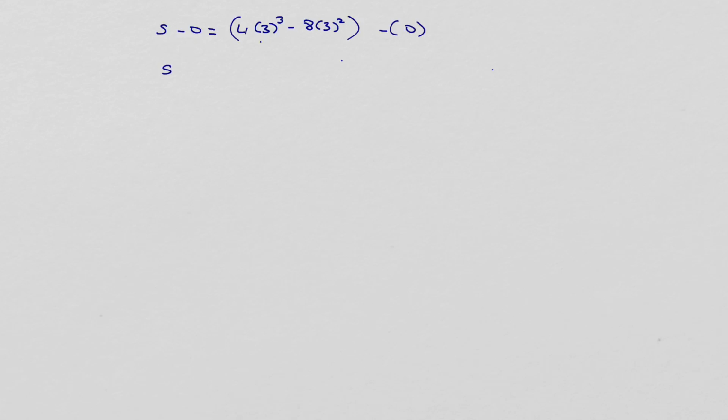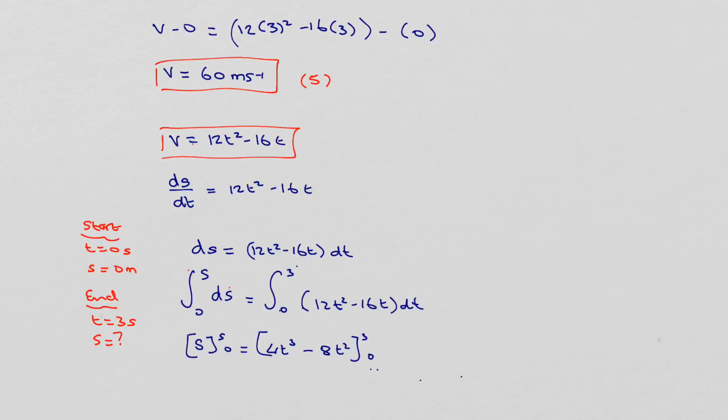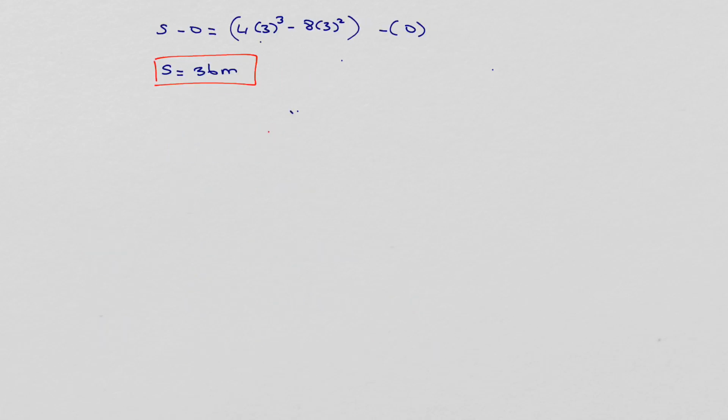And therefore I end up with s is equal to 36 meters. So we were getting 5 marks for getting our formula for s and 5 marks for solving. So 15 marks for part 1 altogether.